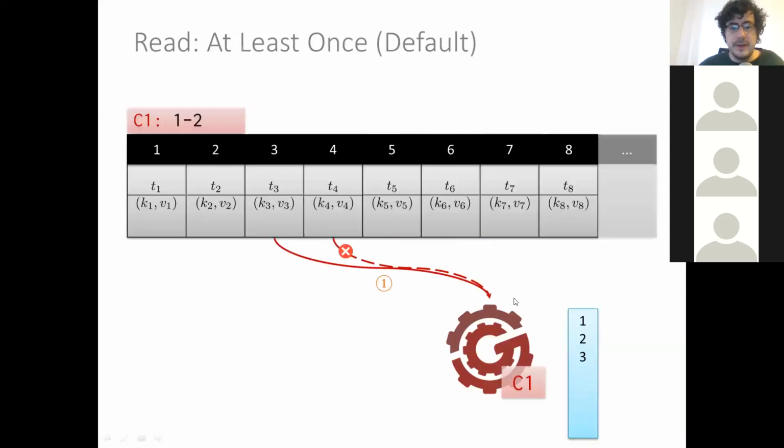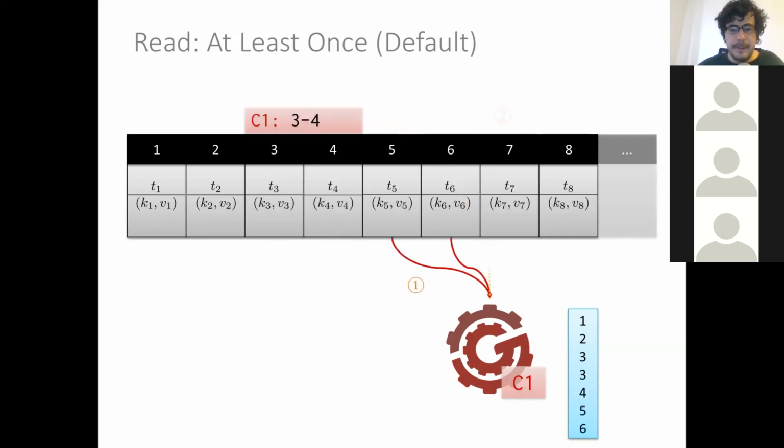This error here might be because the consumer somehow went offline, or right at that point had a network error, or whatever it might be. But somehow there's a failure to read that value, be it a problem with Kafka, a problem with the network, or a problem with the consumer. So it didn't fully read all of the records it had requested.